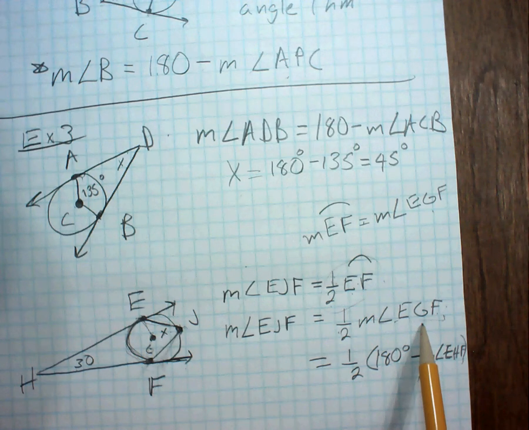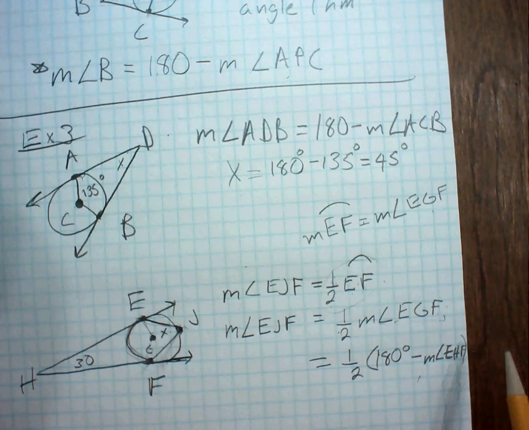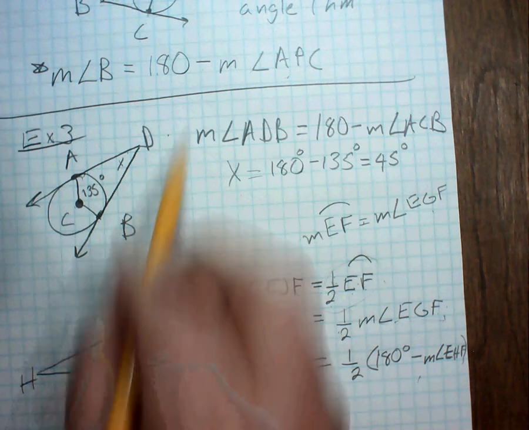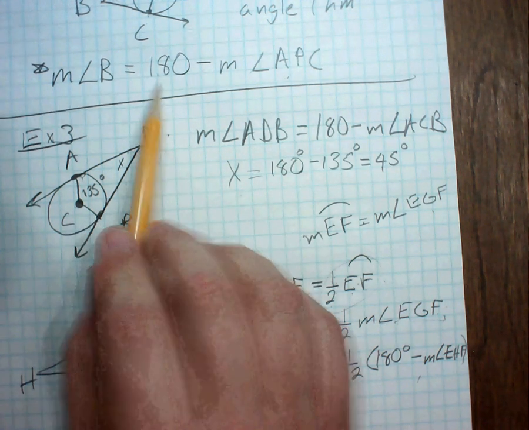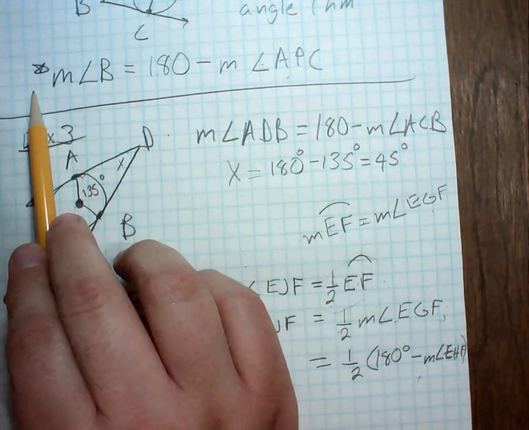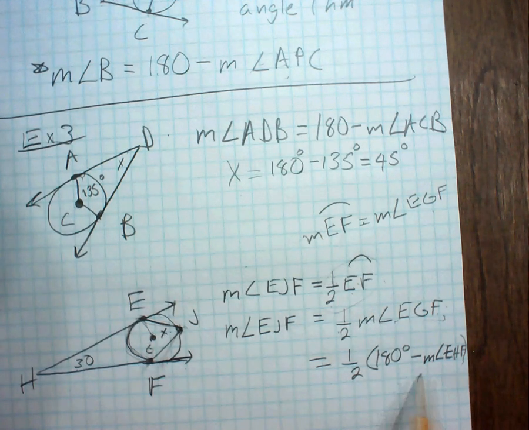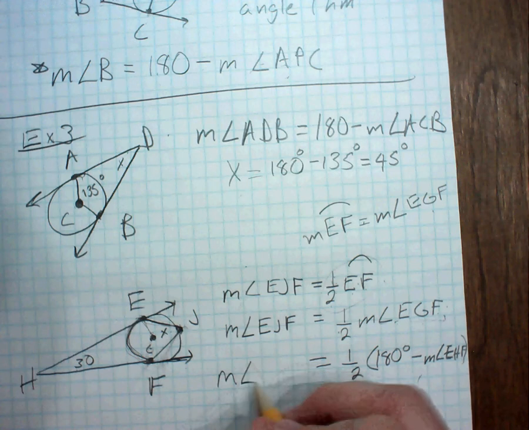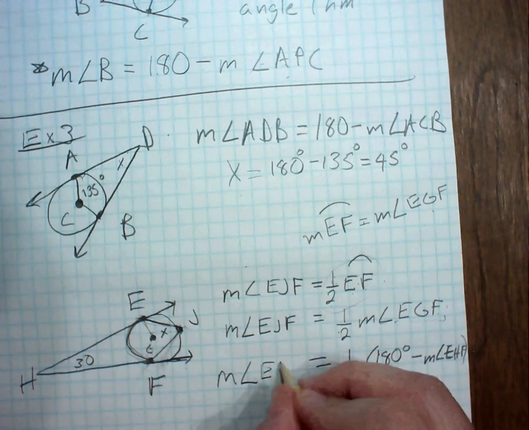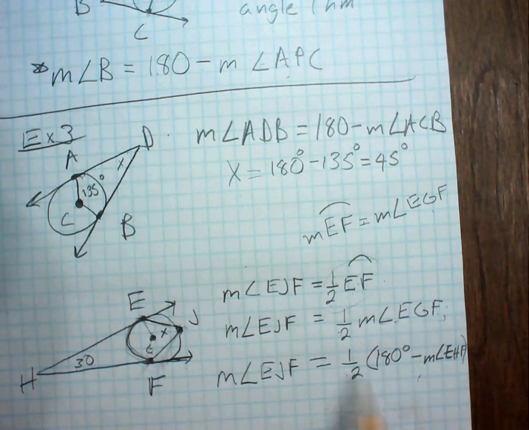So then the central angle, if you redo the math, is going to be 180 minus the angle here. I'm just taking this formula up here and adding this to both sides, and then subtracting this from both sides, and that's how I get this. So the measure of angle EJF is equal to 1/2 times 180 minus EHF.